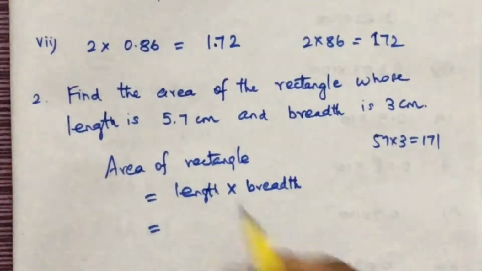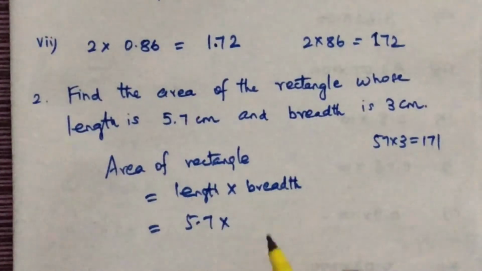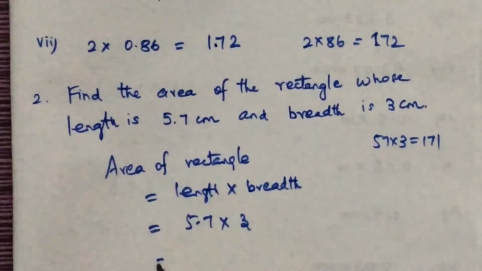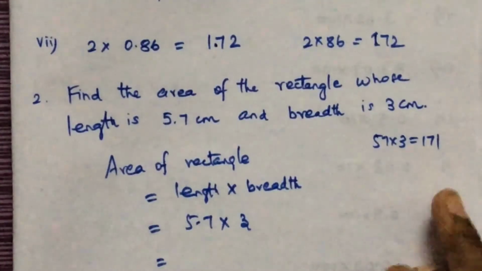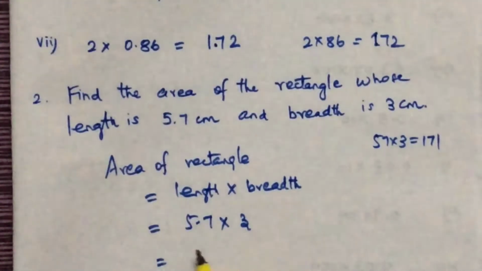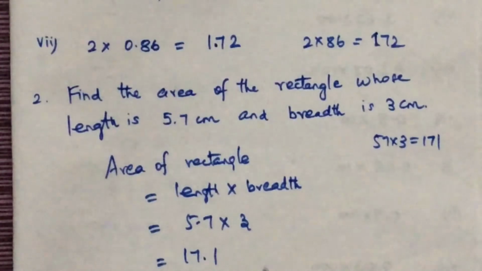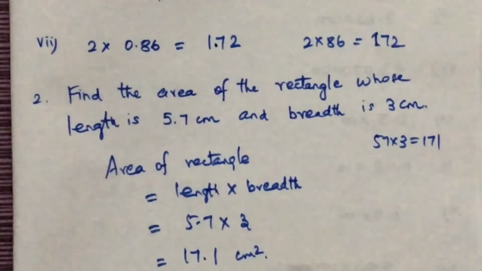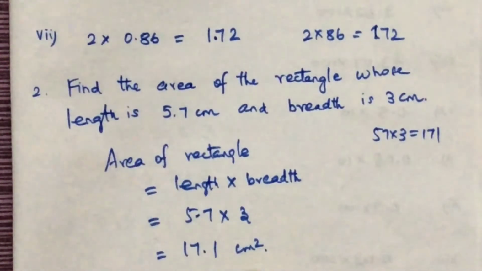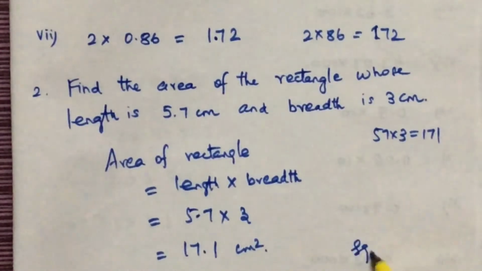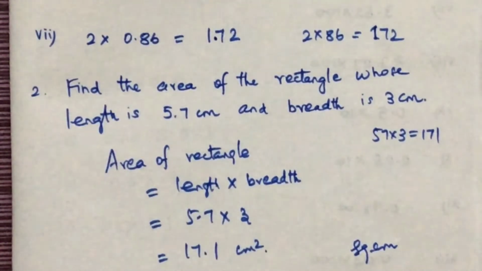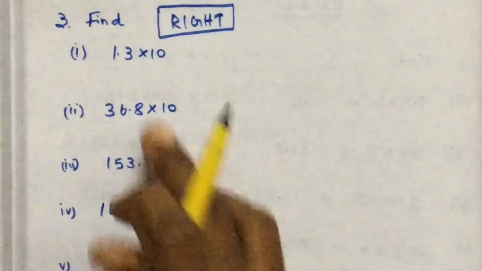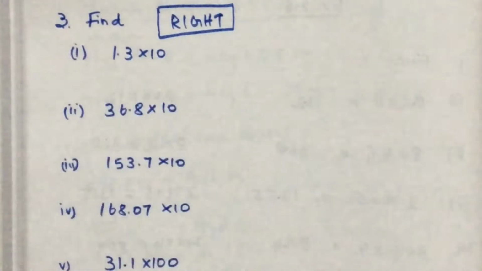So length is 5.7 multiplied by 3. 57 multiplied by 3 is 171. There is only one digit, so it is 17.1 centimeter square. Either you can write centimeter square or square centimeter. This is the unit.